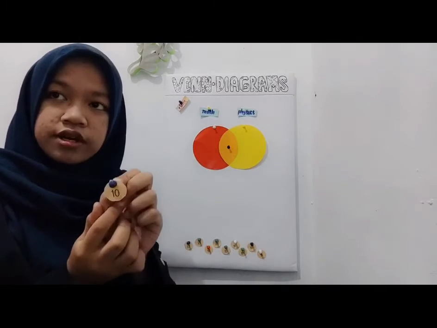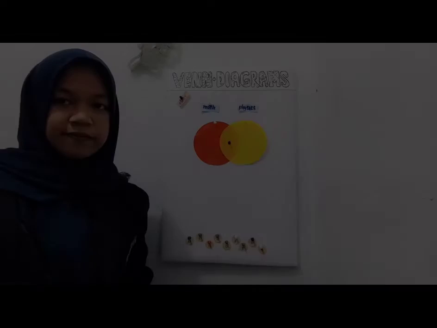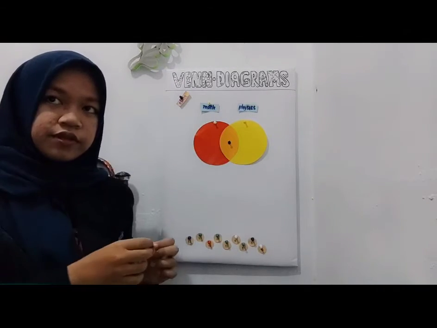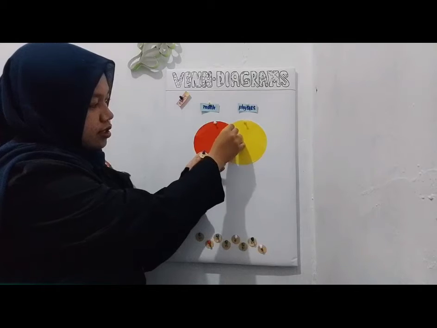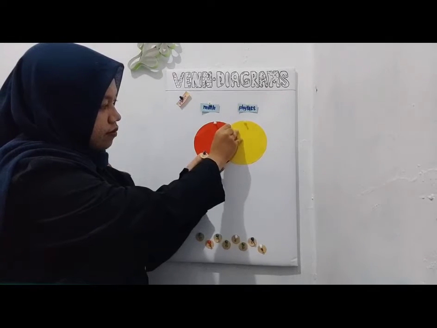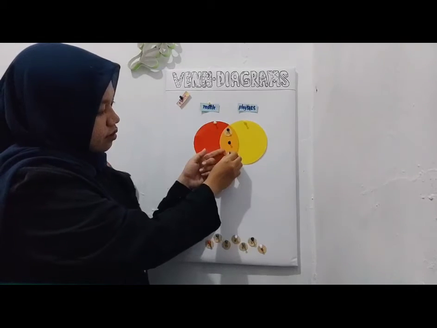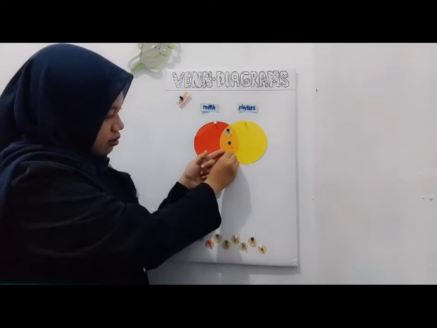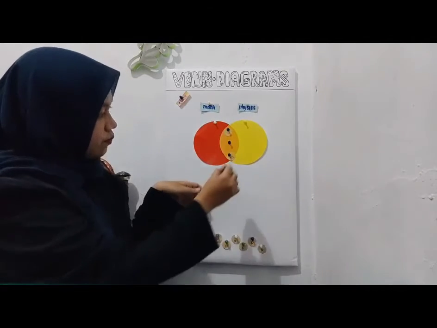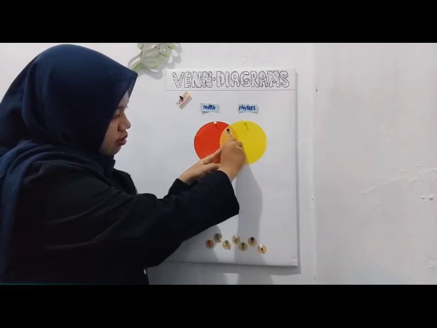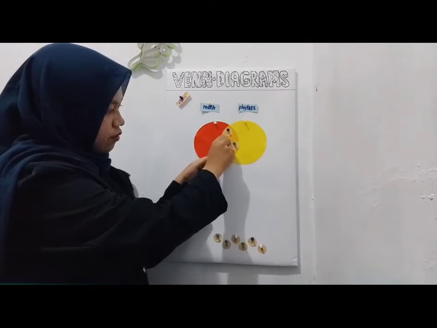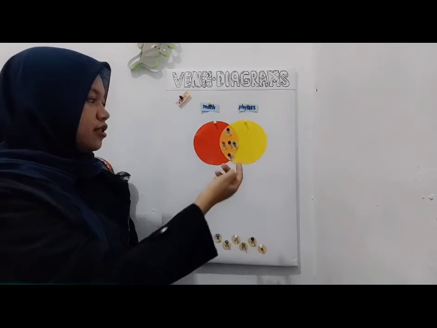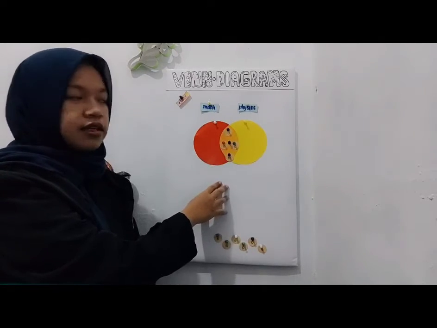Suppose this brown circle is worth 10. In the exam, we are given that 40 students belong to the intersection. 10, plus 10, 20, plus 10, 30, and plus 10, 40, so the intersection is 40.